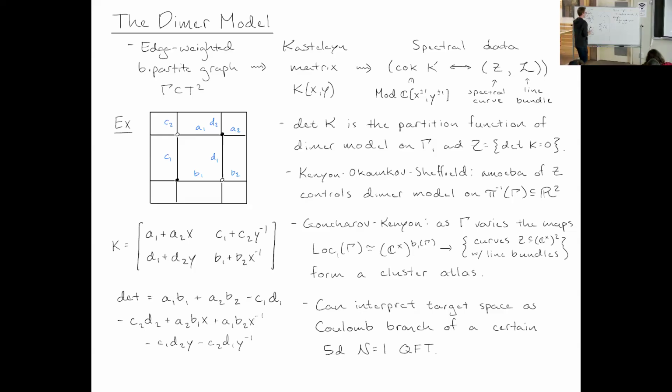You have the moduli space of solutions to the Hitchin equations, which is, depending on the complex structure you look at, the space of Higgs bundles or the space of flat connections on that surface. These can be recognized as Coulomb branches of certain theories.